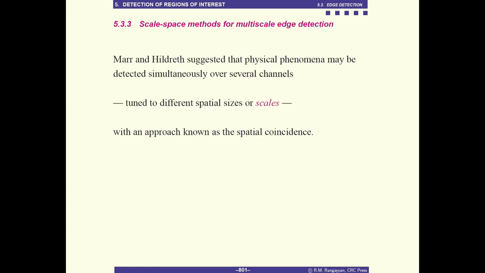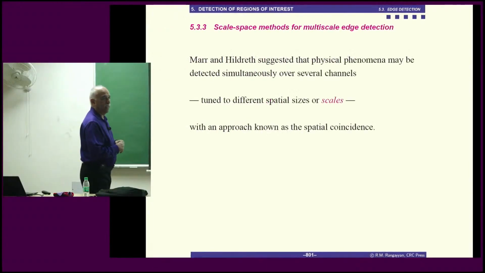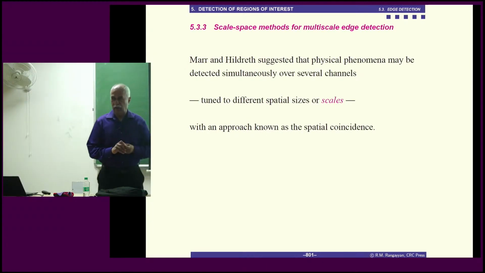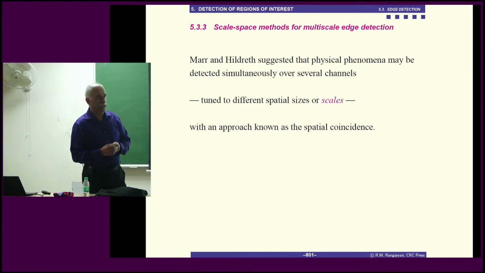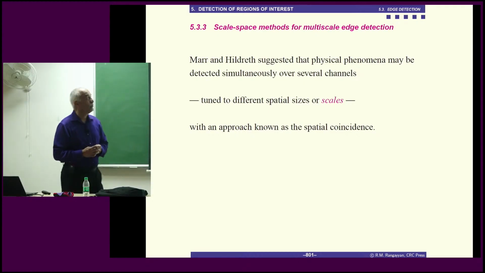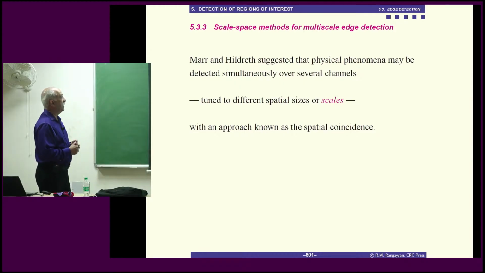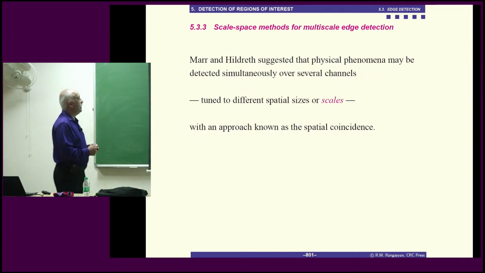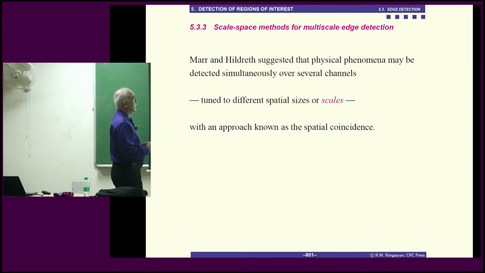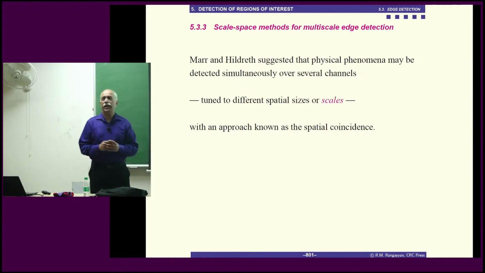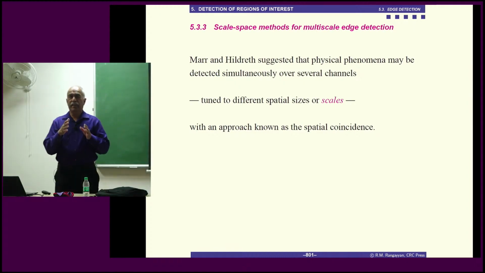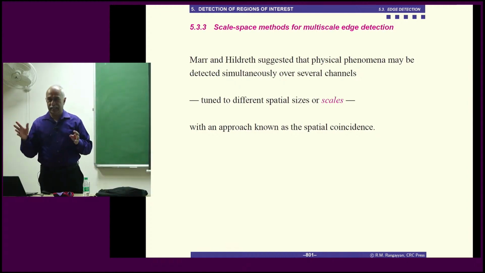I'll skip that. So, scale space methods for multi-scale edge detection is a topic that's been around for perhaps 50 years now. Marr and Hildreth came up with this idea that physical phenomena may be detected simultaneously over several channels. By physical phenomena, they meant real, strong edges, not false edges.